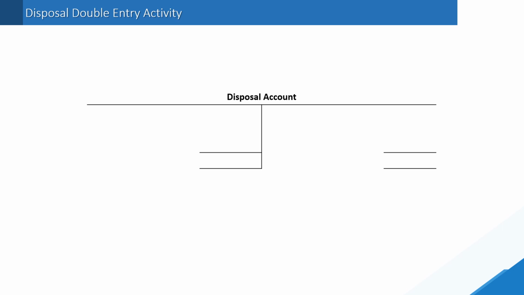Now let's look at the impact of that double entry on the disposal account itself. We're going to do exactly the same. We're going to follow the 3 steps. We're going to remove the asset by crediting the non-current asset and debiting the disposal account. We're going to remove the accumulated depreciation by debiting accumulated depreciation and crediting disposal.